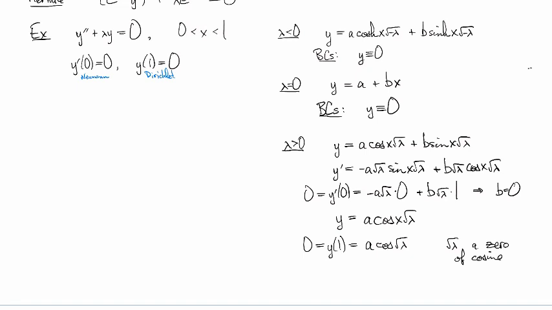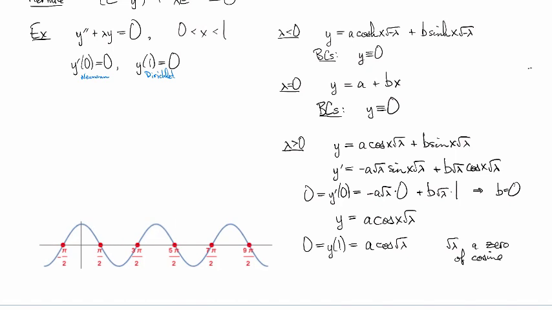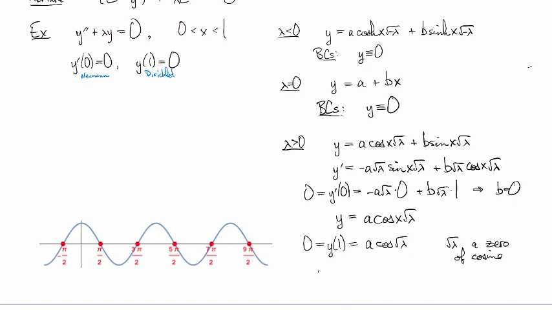And so let's take a look at the cosine function. So it's this one here, and the zeros are the odd multiples of pi over 2. So that tells me that lambda n is going to be 2n plus 1 times pi over 2. Or if you want, you can write this as n plus a half pi. Either way, makes no difference.